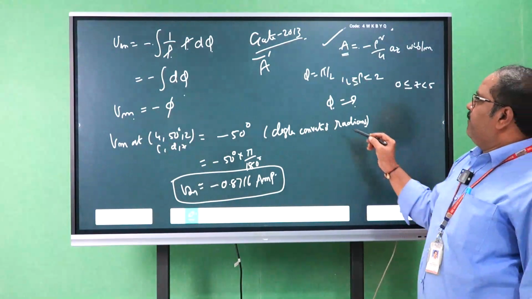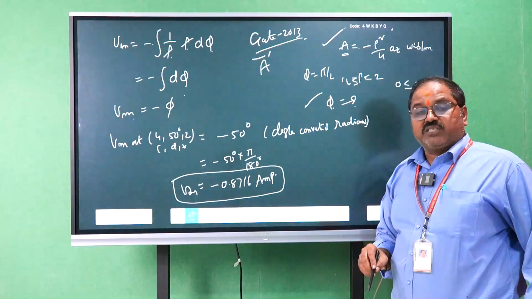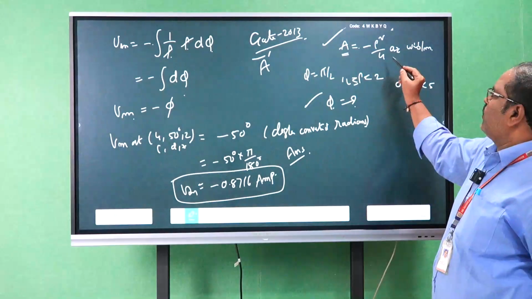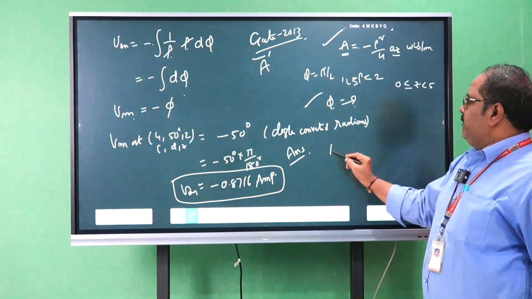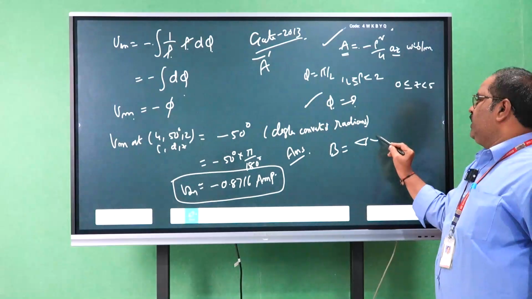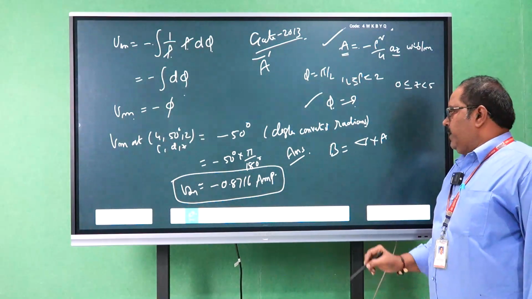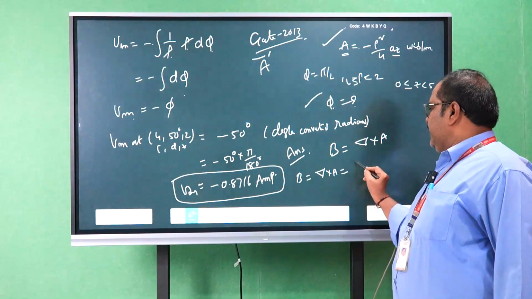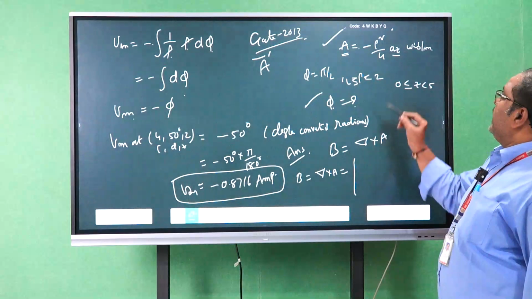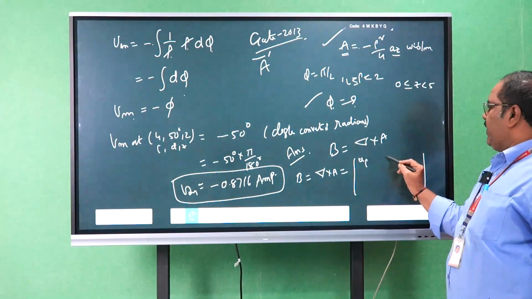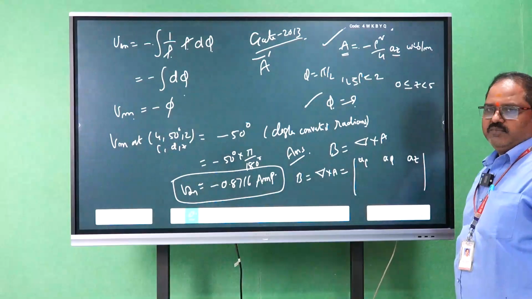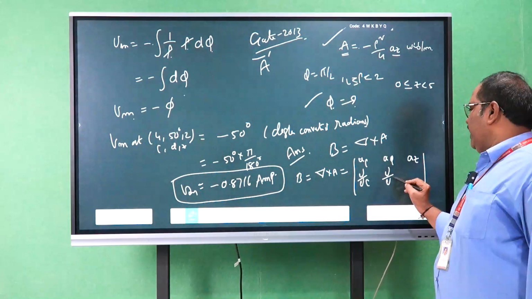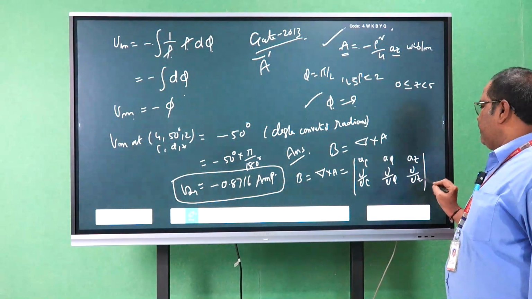We solve this problem to finally find the magnetic flux phi. First, you have to find B. B is equal to del cross A. Take the determinant according to the components a rho, a phi, az, then dou by dou rho, dou by dou phi, dou by dou z.